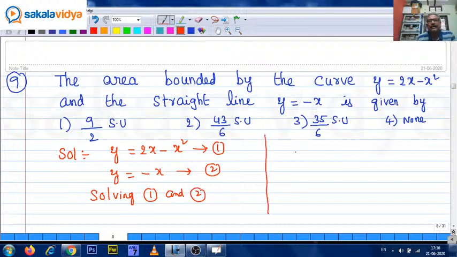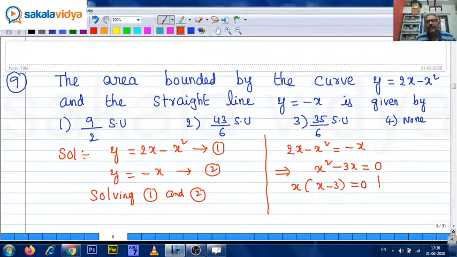So they can be solved like this now. 2x minus x square is equated to minus x. This can be written x square minus 3x equals 0. x common, we have x minus 3 equals 0. Now we get the boundaries. x is equal to 0 and 3. In between 0 to 3 you need to find out now.